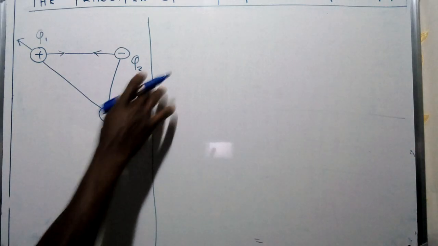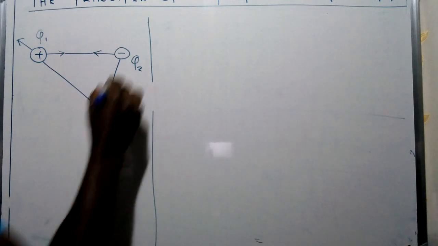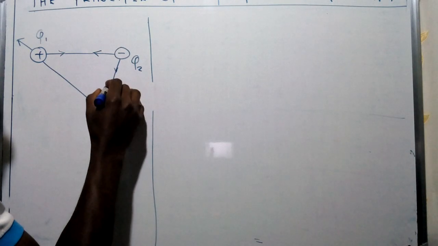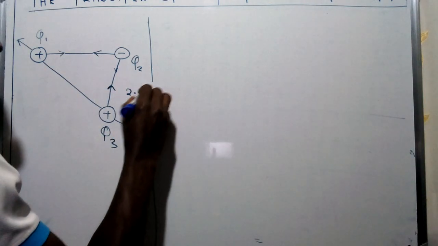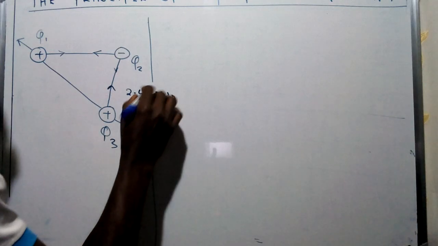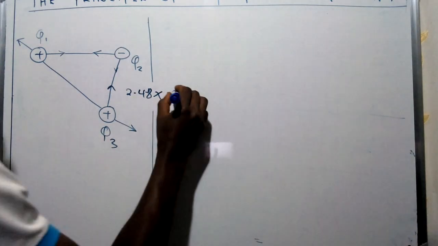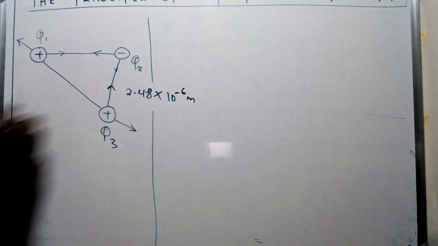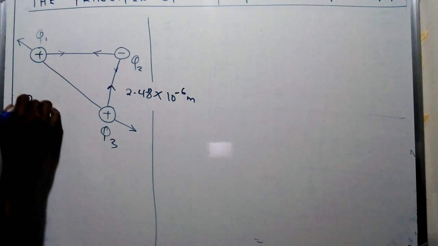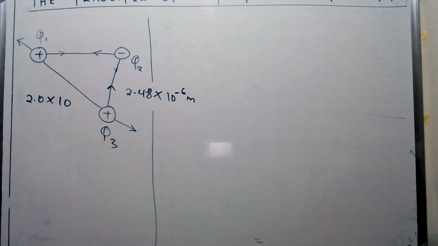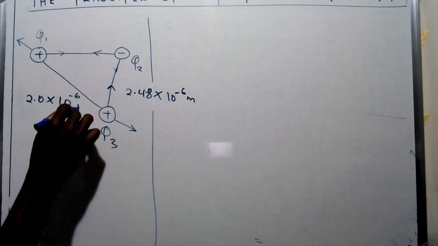So the distance of separation which is R between the two, these as well are going to be experiencing attractive forces. So the distance of separation for this one is 2.48 times 10 negative 6 meters. And then this other one, the distance of separation between Q1 and Q3 is 2.0 times 10 negative 6 meters.